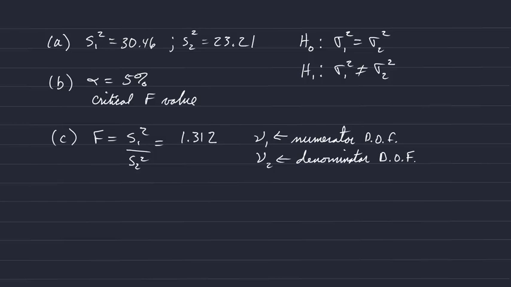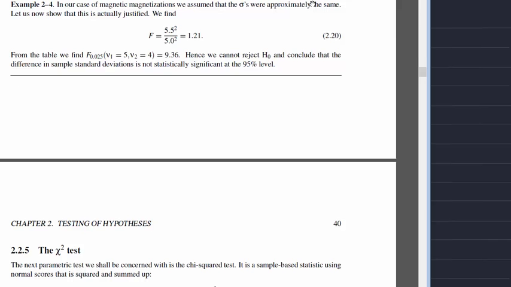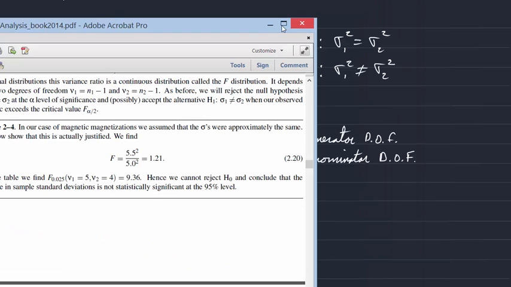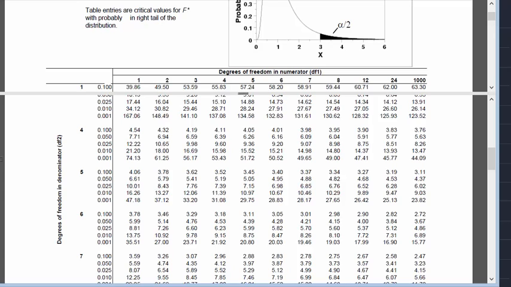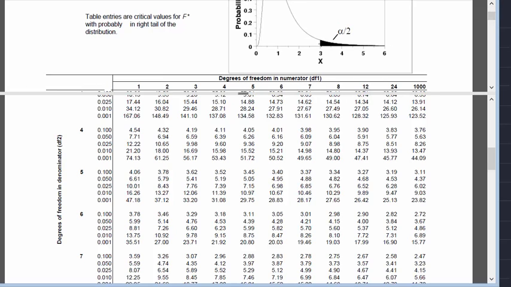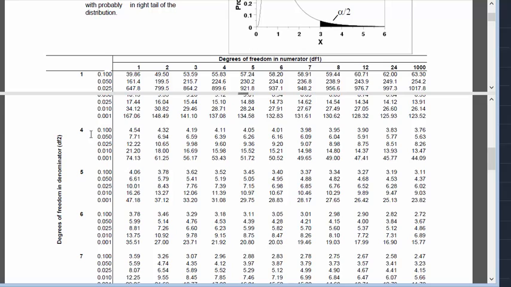So let's look at our F table. Okay, so this table gives the value of F corresponding to the right tail, and this says alpha over 2, but I'm going to correct this. This should be alpha. The numbers in the columns show the alpha values.